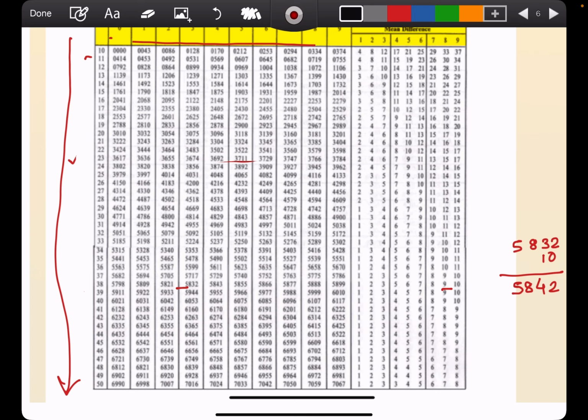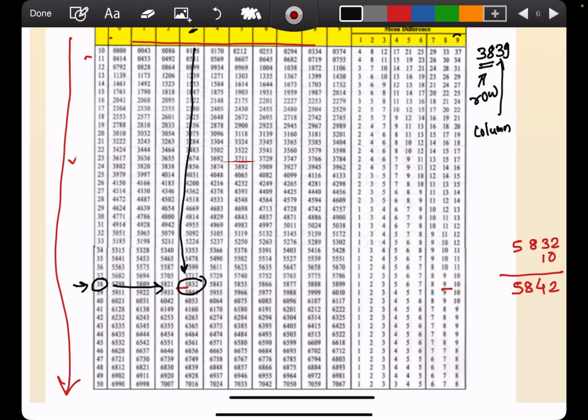Let me use a black pen now. 38, 38, 39, that is the 38th row and third column. You move downwards like this, and you move horizontally like this, and you get 5832. So for finding the value of 3839 from the log table, first two terms you see the row, the third term you see the column, and the fourth term you see again the column but in the mean differences.